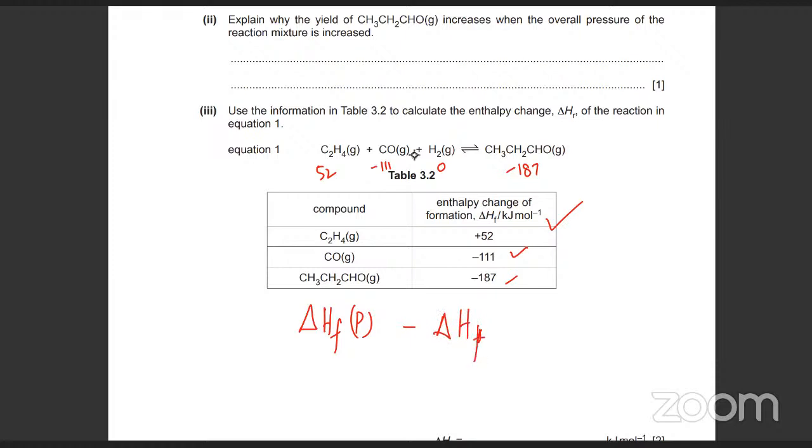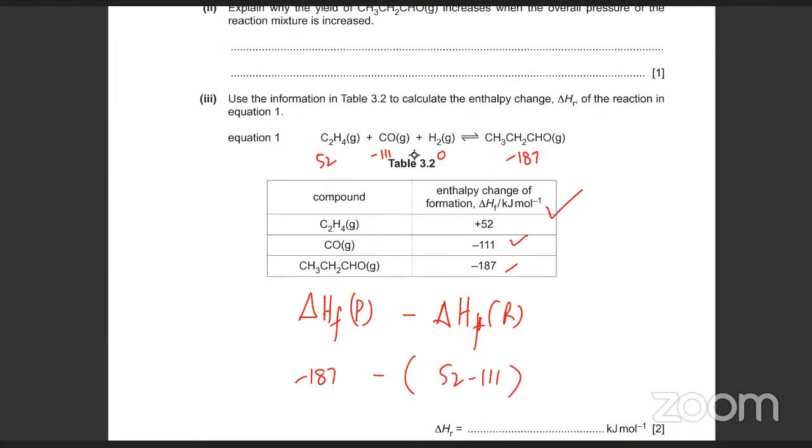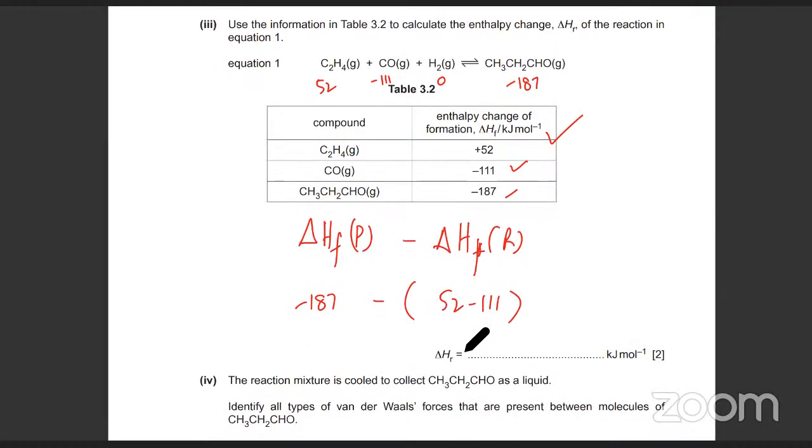So it's going to be minus 187 minus the reactants, which is 52, minus 111. So what are we getting? Minus 2 to 8. Kitna minus? Sir, is it minus 1 to 8, sir? 1 to 8. Sign ka khayal rakho, minus 1 to 8. Oh, yeah.